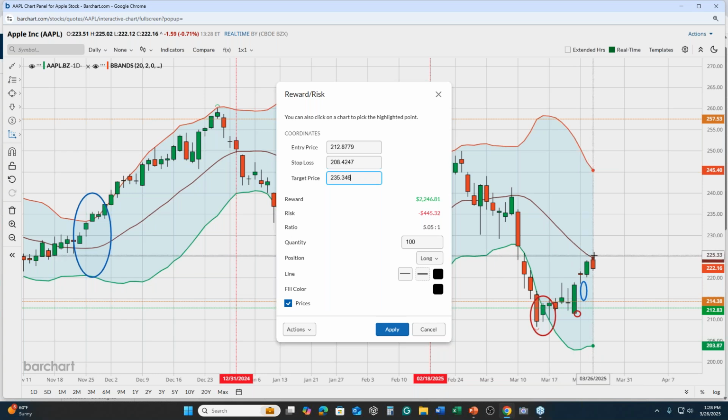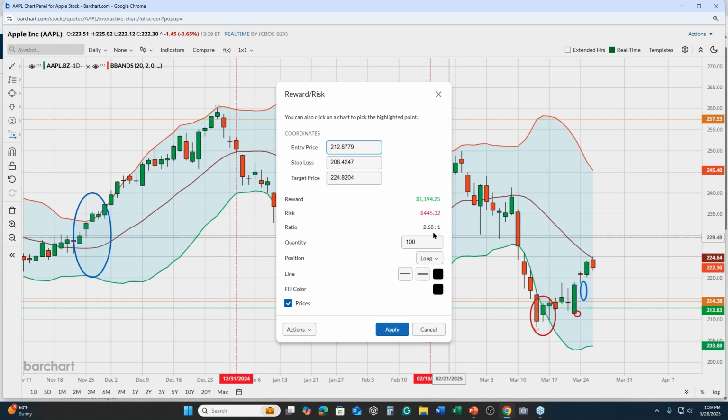So at this point on this mean reversion trade, yes, I would love to have gotten 5 to 1, but at this point, I think we'd have to say we've reached an intermediate target, and we've got about 2.6, 2.7 to 1 on a trade. So we risked about $450 to make about $1,200. Not a bad trade if you think about it in terms of risk reward and the final outcome.